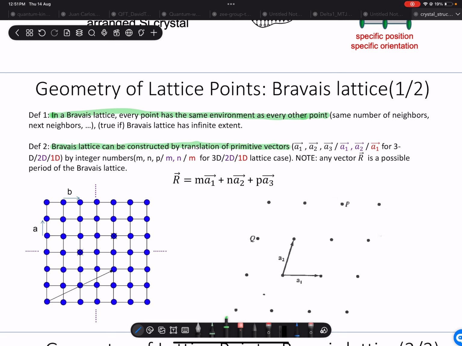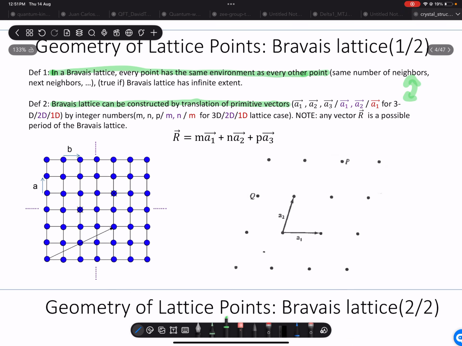As we have seen in the class, we have established that these two definitions are equivalent, so we are just going to assume that they are equivalent. A Bravais lattice is defined by three primitive vectors a1, a2, a3 for a 3D system, a1 and a2 for a 2D system, and a single vector for a 1D system, combined with integer numbers, right?